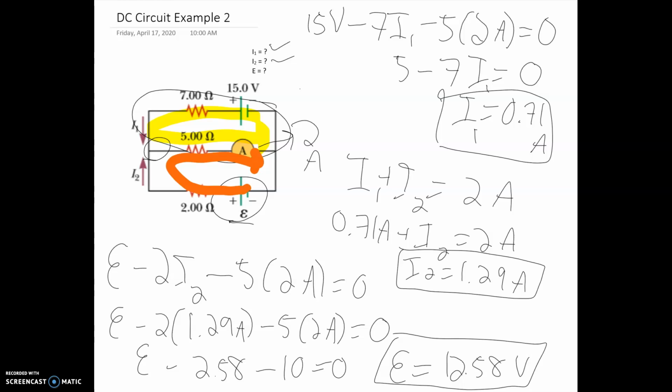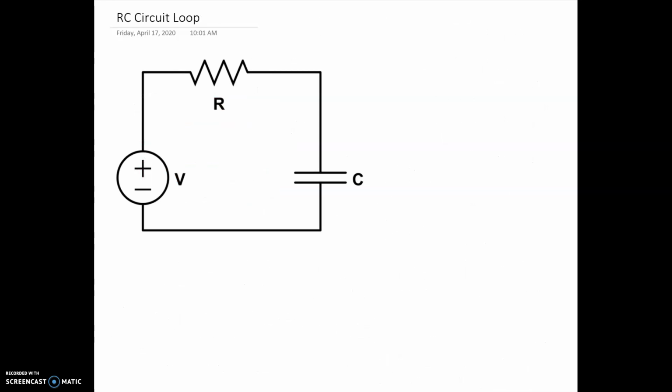The last thing we're going to talk about is an RC circuit. Now, you can solve this, and we're going to talk a little bit about what solving it looks like. But for this one, again, I'm going to make a loop. You can see my battery symbol is kind of different than what I normally draw. I just borrowed this picture from the internet for entertainment purposes only.